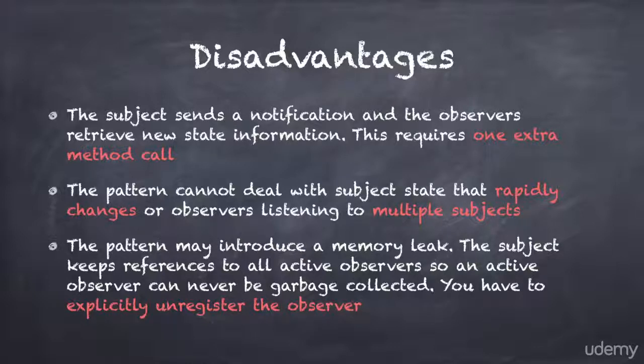The subject keeps references to all active observers, so an active observer can never be garbage collected, even when it goes out of scope. You have to explicitly unregister the observer to enable it to get garbage collected. If you forget this, you will clutter the heap with stale observers.